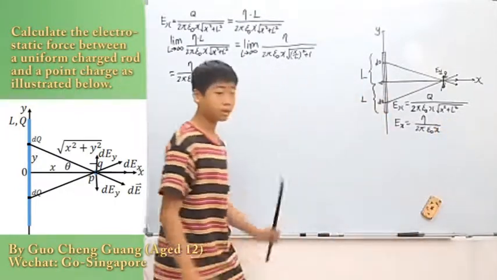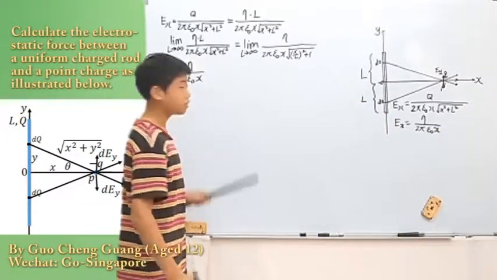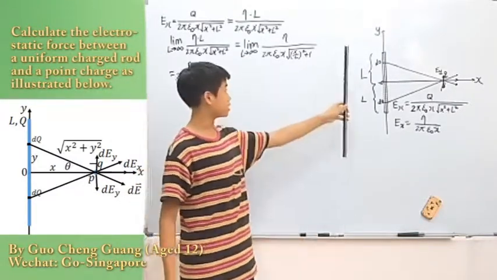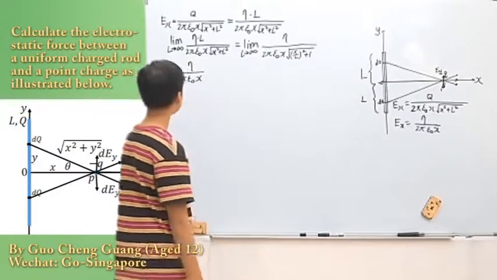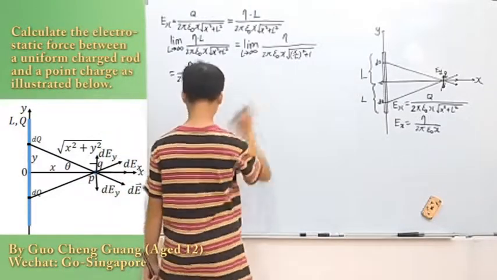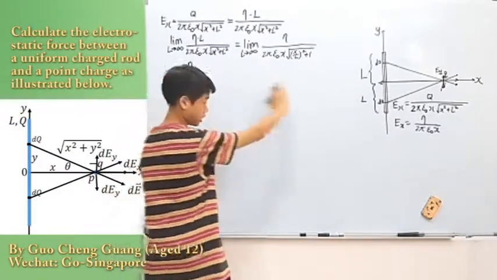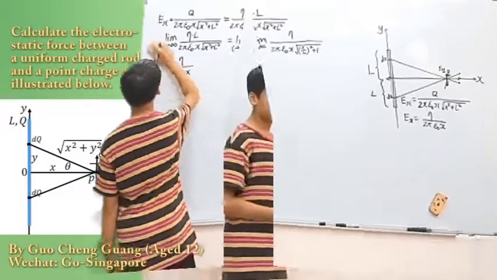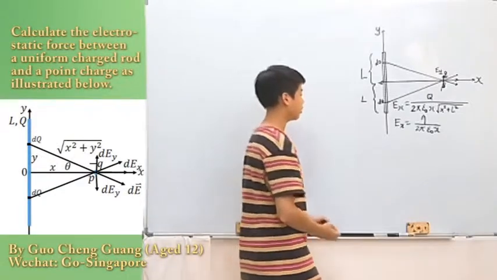Right now, I'm going to use another way to find this. Since this length here is infinity, I may need to use this space here. Since I've already recorded it down, I'm just going to erase this part, but I'm going to add a little bit more.